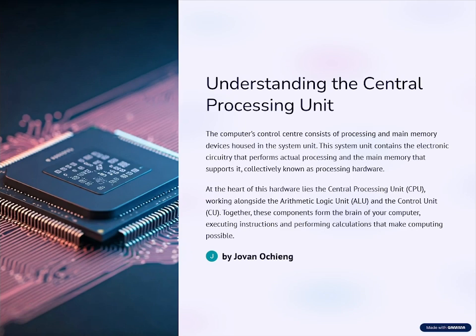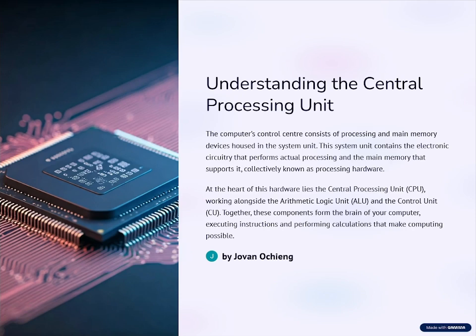Now, at the heart of this hardware lies the central processing unit, CPU, which works along with the arithmetic and logic unit and another thing called the control unit. The arithmetic and logic unit will help us in handling mathematical operations.